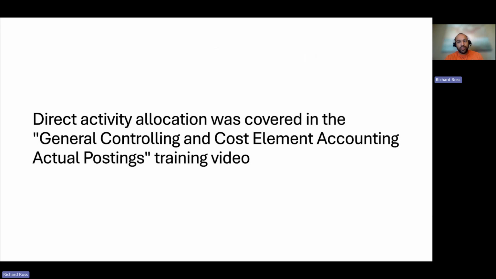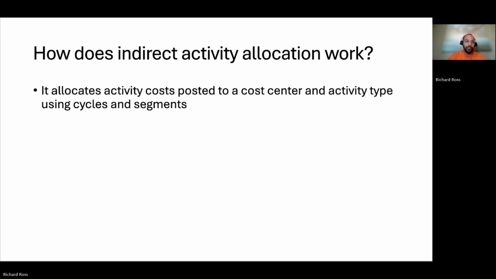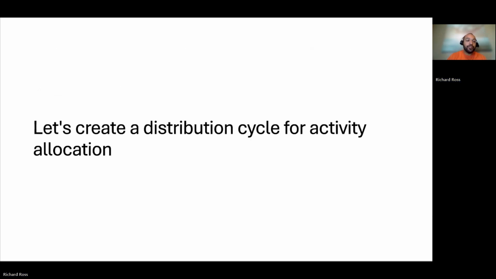Direct activity allocation was covered in the General Controlling and Cost Element Accounting Actual Postings training video. How does indirect activity allocation work? It allocates activity costs posted to a cost center and activity type using cycles and segments.